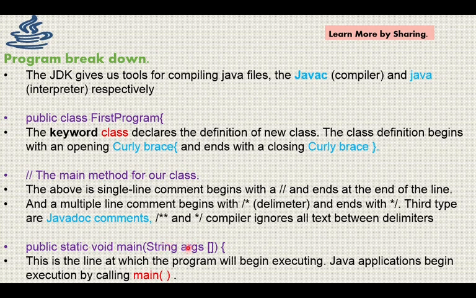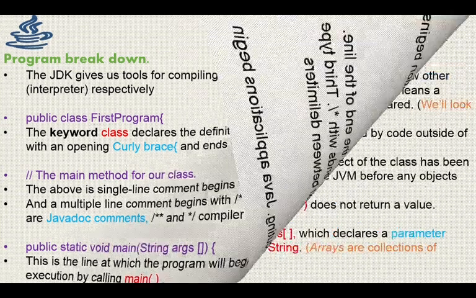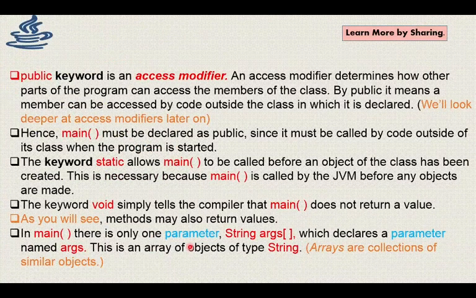So look at this stuff as well. The public keyword is an access modifier, meaning it determines how other programs can access members of that class, which is declared public. So members like variables, methods, and objects.